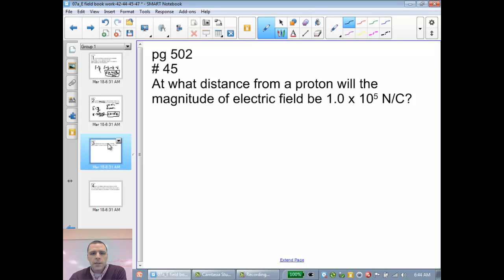Number 45. At what distance from a proton will the magnitude of the electric field be 1.0 times 10 to the 5 newtons per coulomb?